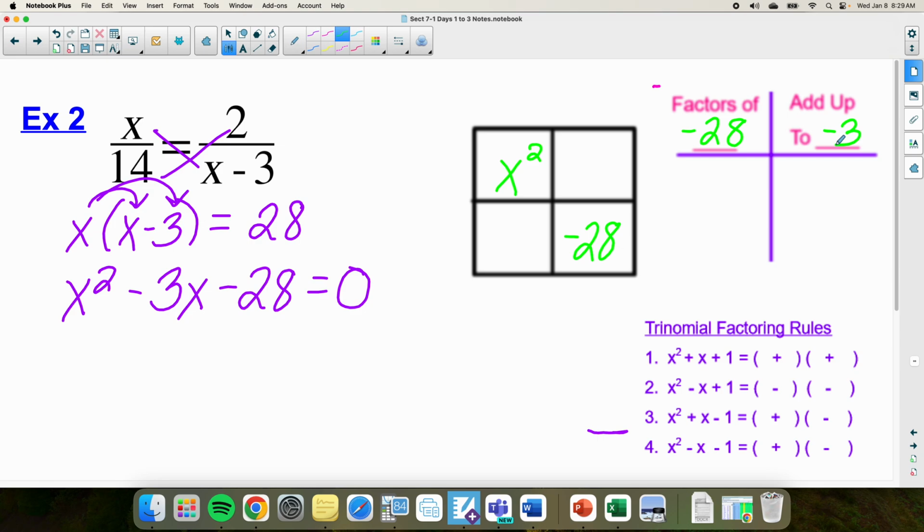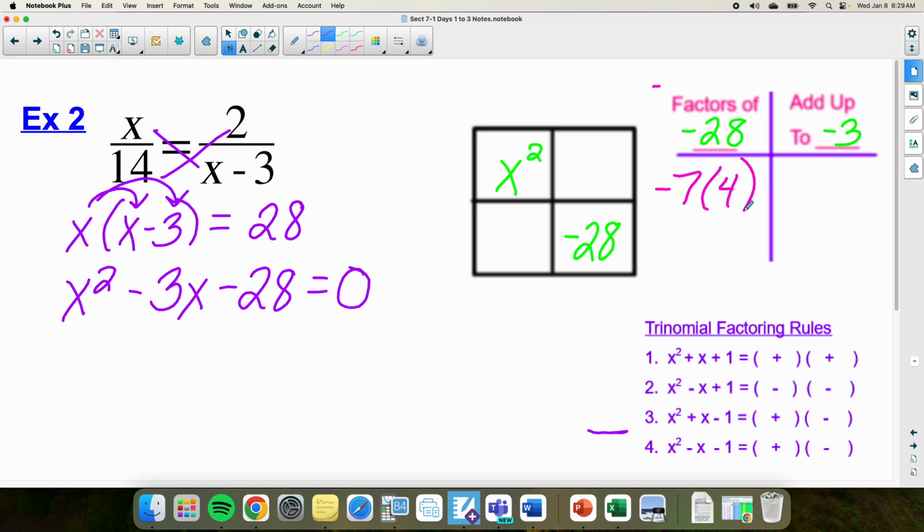Can you guys think of two numbers that multiply to give you a negative 28 and add to give you a negative 3? 7 and 4, which one would be negative? The 7, right? So this right here is going to be negative 7 times 4.